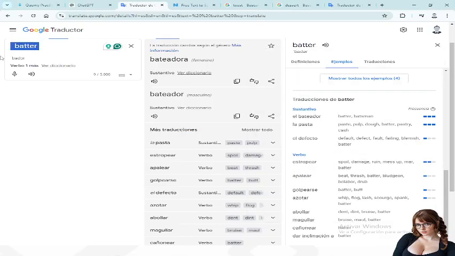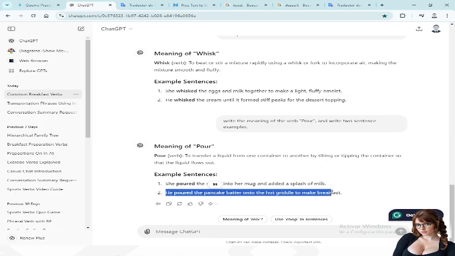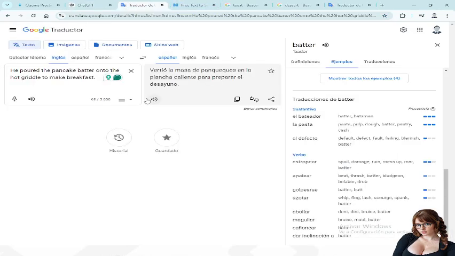It's more like a pancake batter. It's like the paste. I think that in that phrase, it's a noun and not a verb. We need to understand the complete sentence. He poured the pancake batter onto the hot grill to make breakfast.